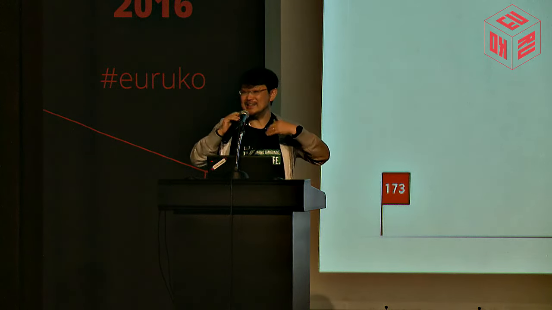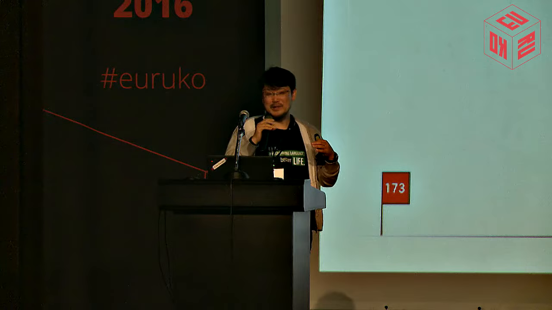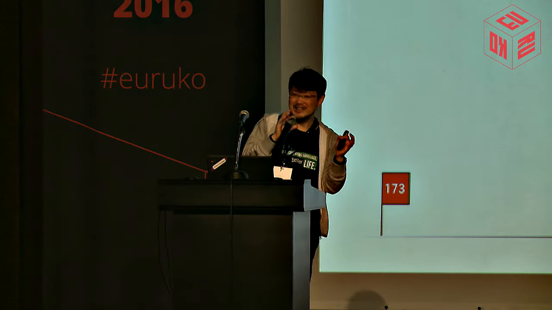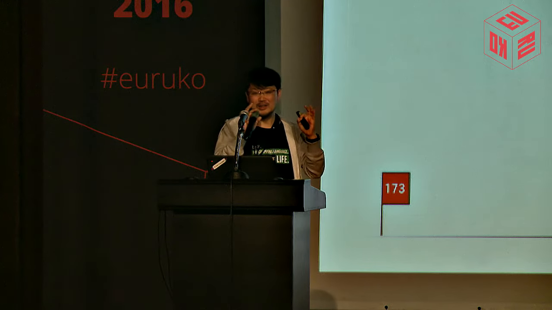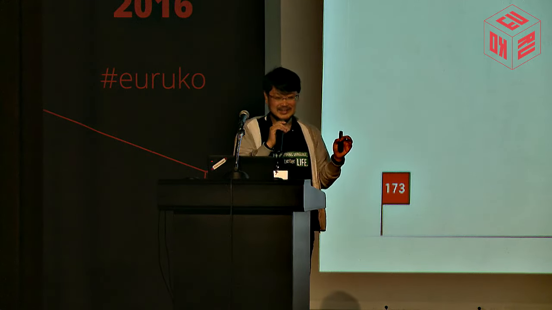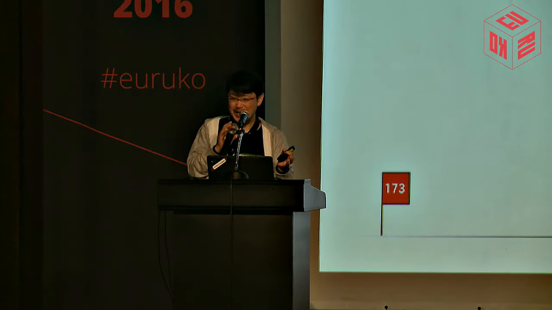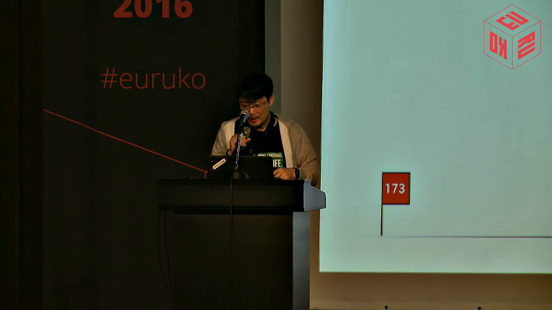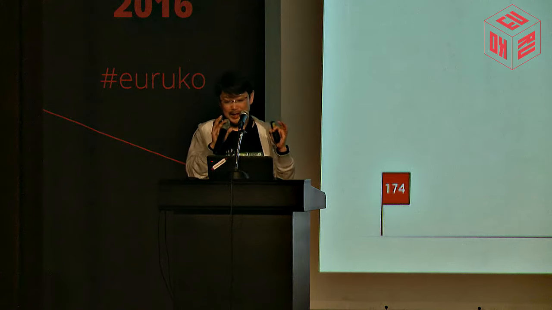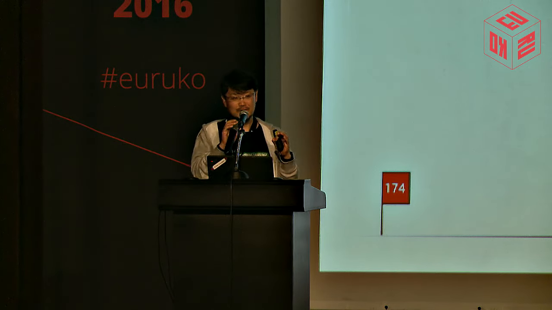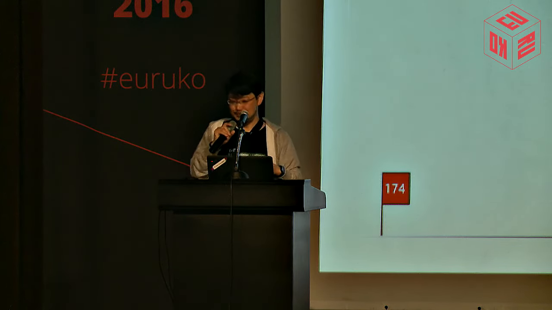So by collecting this information, you make knowledge in a database, the type database, of what you expected as argument types or return values. Then you can build those kinds of type databases for your application and for your gem.